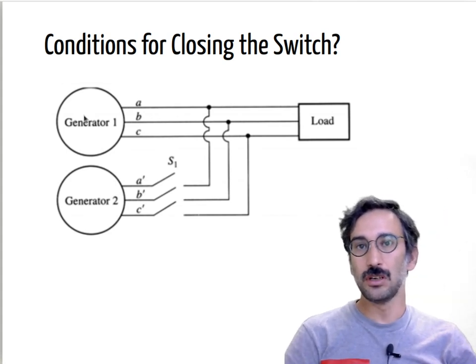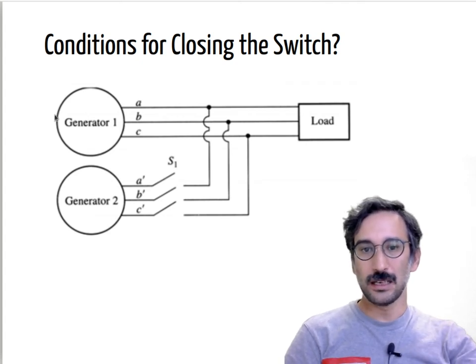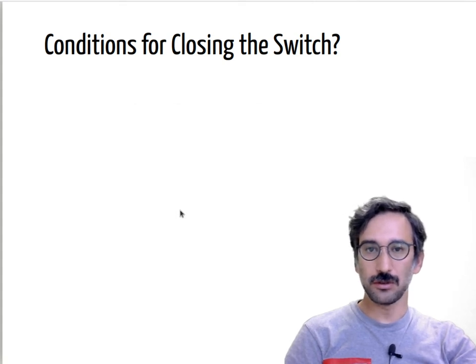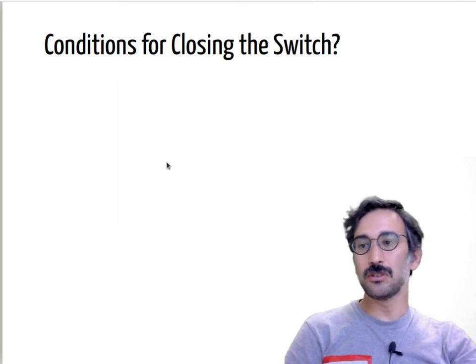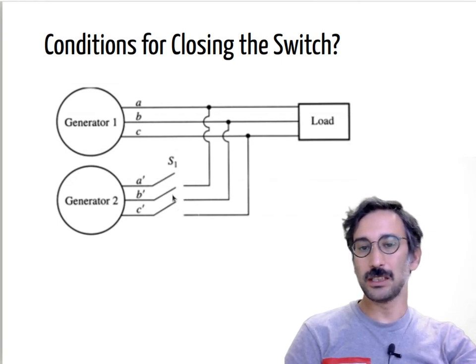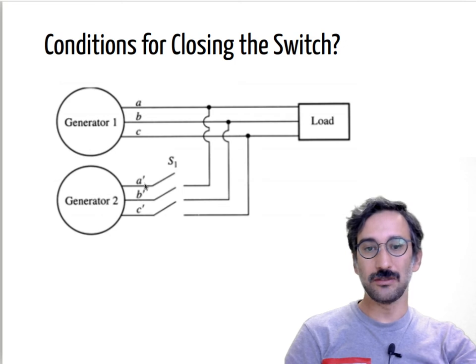So you need to introduce some generators to the system, and you have to do it through that kind of connection. So what are the conditions for closing the switch? You cannot just close the switch immediately. Maybe the voltages are different, and that will induce a really large current.